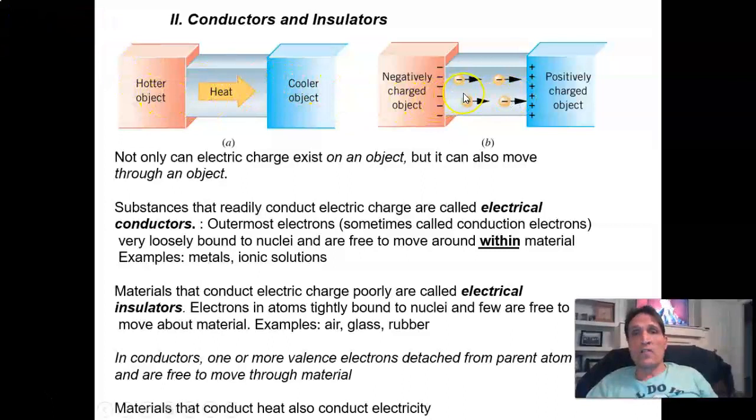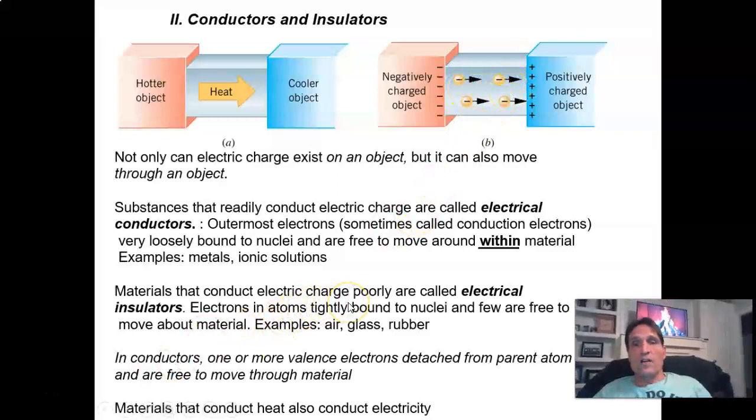And this all arises because the electrons are free to move through the metal easily and conduct electricity. Okay. Now, other materials such as glass and plastic, most plastics and rubber, electrons have a hard time moving through those materials.